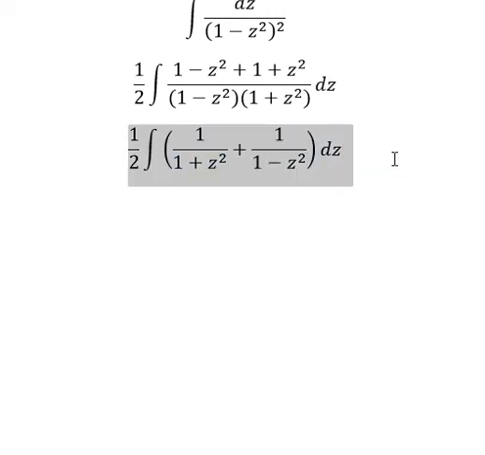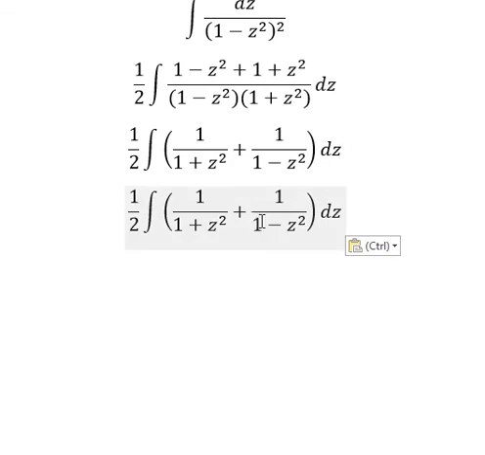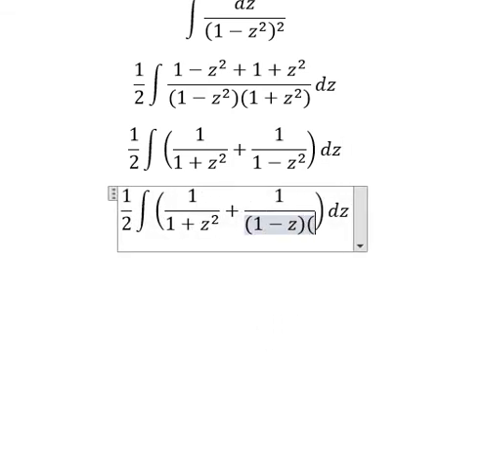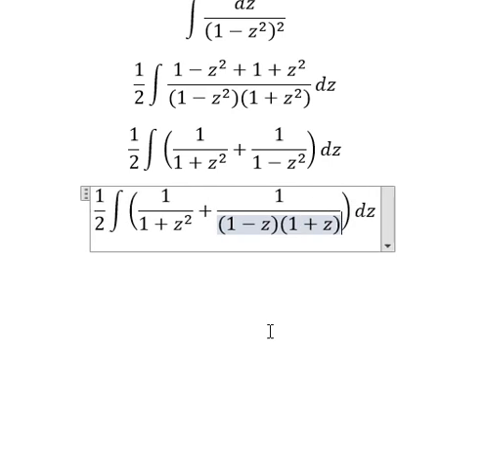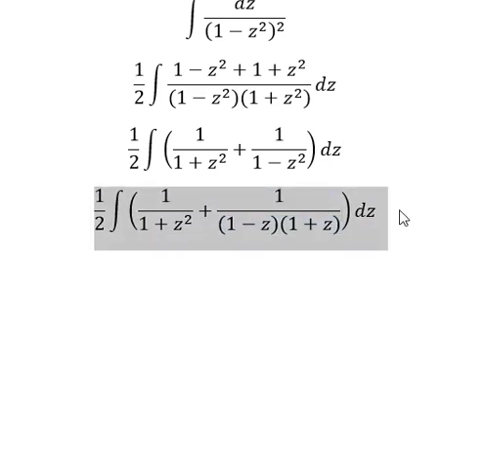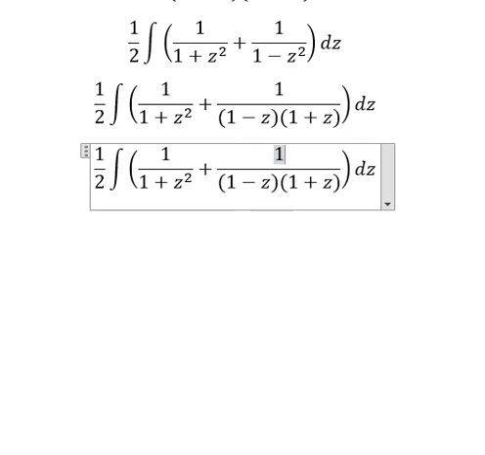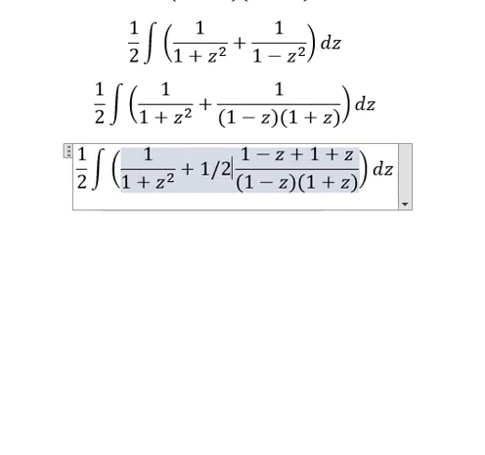Next, in this one we put 1 minus z multiplied with 1 plus z. In here we have 1 minus z plus 1 plus z, because we have number 1 multiply number 1 plus number 1, you will get number 2, so we put 1 over 2 in here.